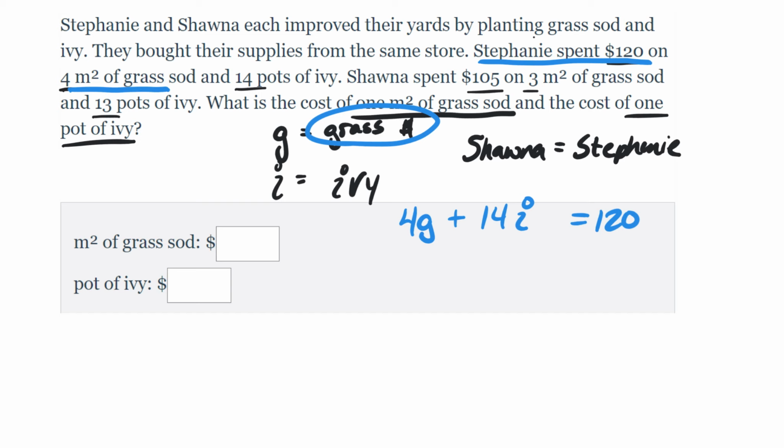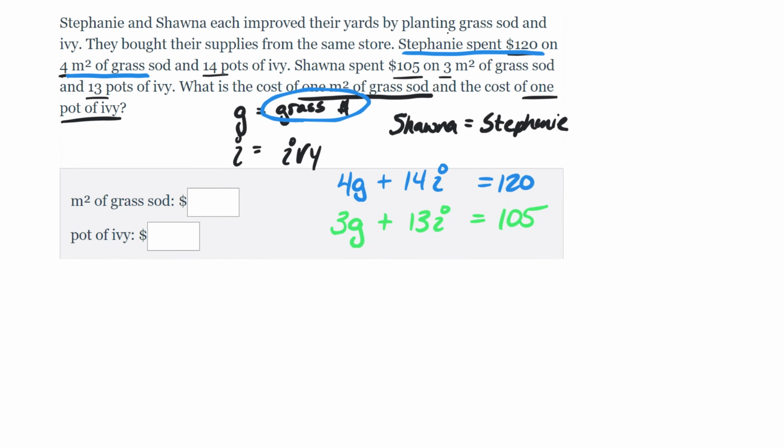Now we need to find Sean's. So Sean bought 3 square meters of grass sod, and she bought 13 pots of ivy for a total of $105. So I'm going to minimize this just a little bit. We have our variables. We have them stacked where they're supposed to be.